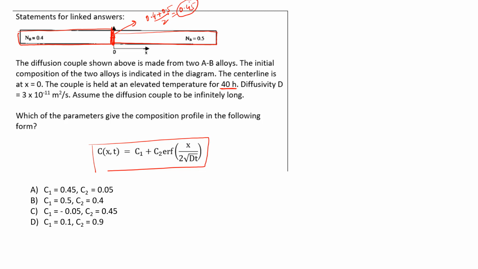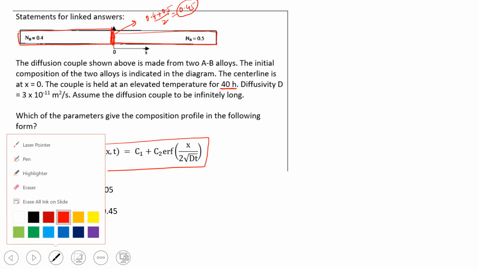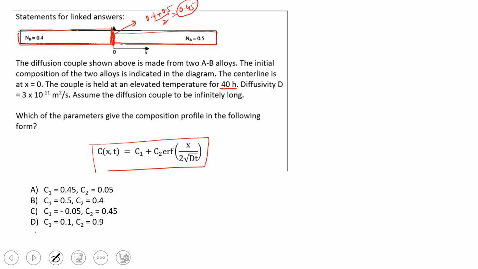So if you draw the concentration curve, how it should be, something like this, okay. So from here, in the right hand side the concentration should increase, and in the left hand side the concentration should decrease, okay. And the x position is marked in the right hand side, right?